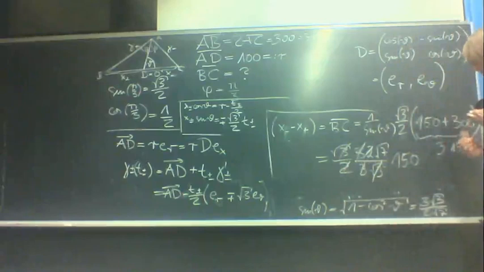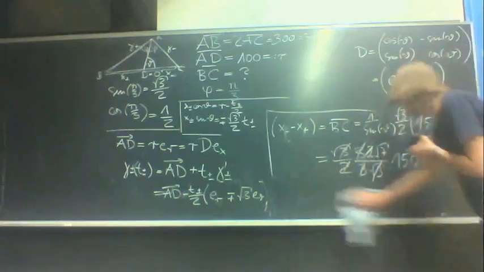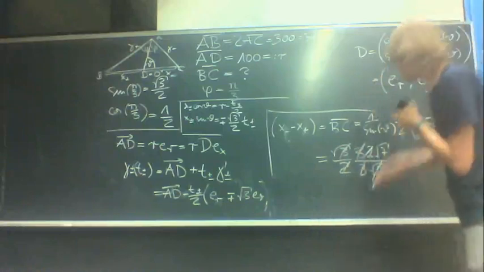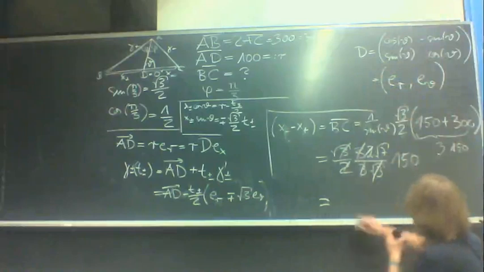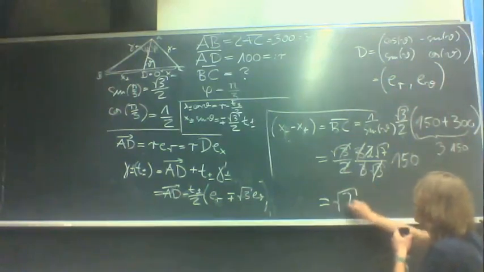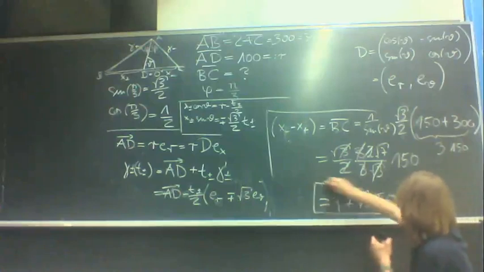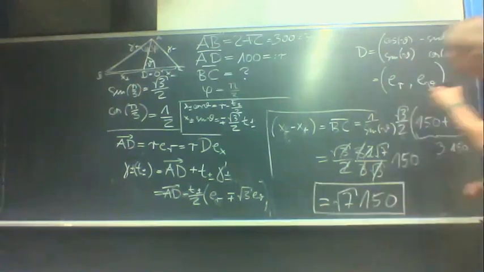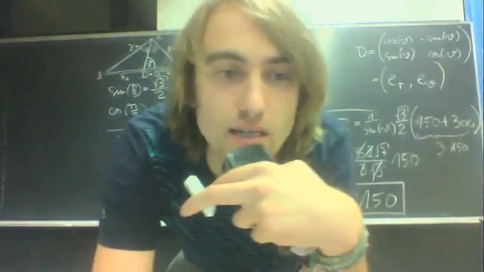And we have our final solution after a long time, because we chose the easiest way, square root of 7 times 150. That's the final answer.